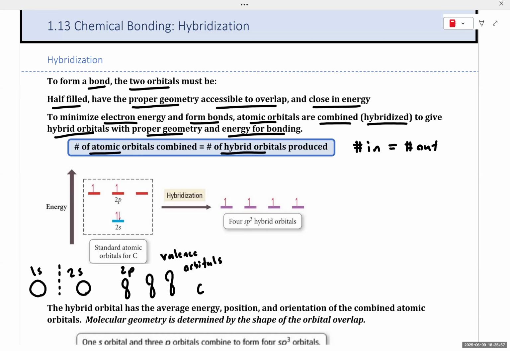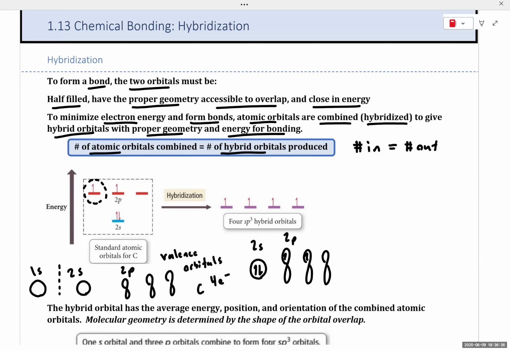Carbon also has 4 electrons to its name. If we fill in our orbital box diagram without any hybridization, we see that carbon initially has a full 2s orbital, and its 2p orbitals has 2 of them that are half filled.